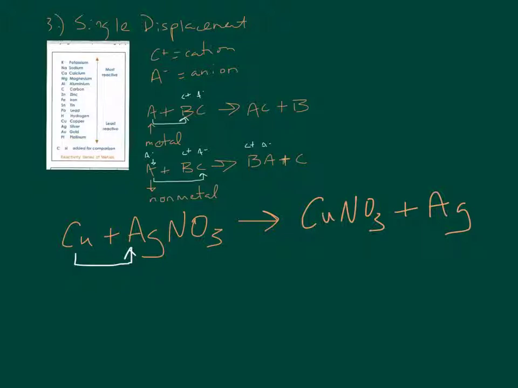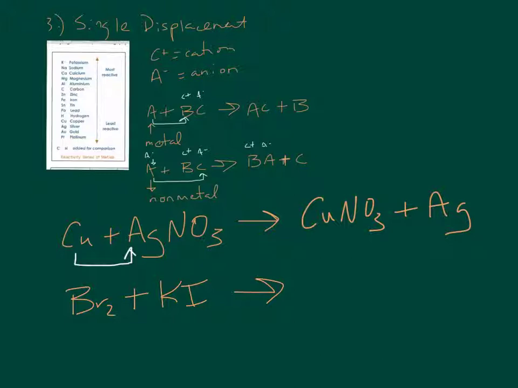So let's try another one. All right. So what if we have bromine? Since bromine is going to be by itself, it's diatomic, so it's got to be Br2 plus potassium iodide. All right. So let's look here. Again, we need to look at bromine because it's the element by itself. What is bromine?